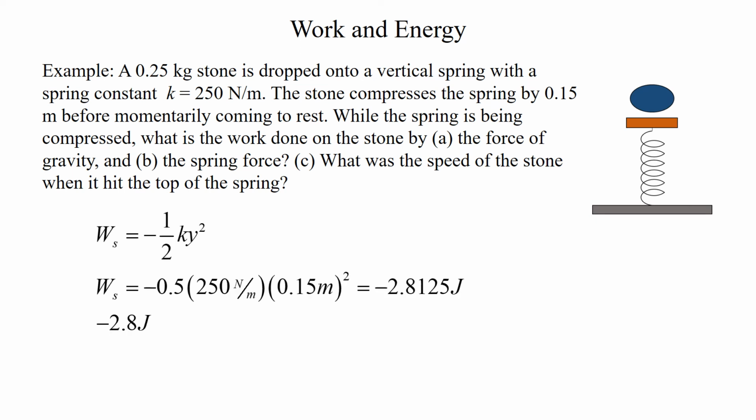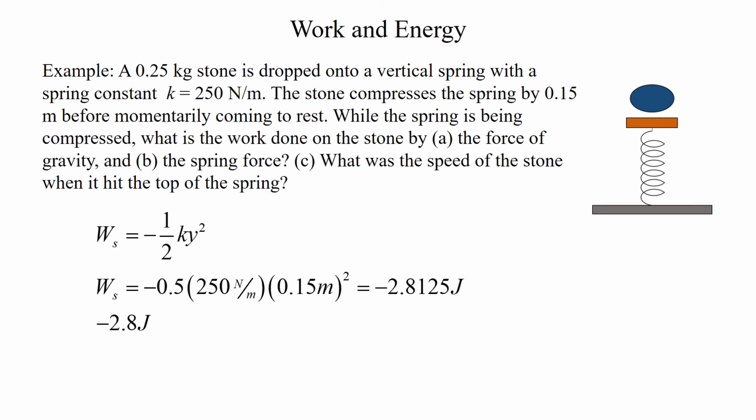Now for part B, we want the work done by the spring, and that, of course, is negative 1/2 k y squared because we're compressing the spring in the vertical direction. And so I have a negative 0.5 for the 1/2, 250 newtons per meter for k, and then 0.15 meters for the y, and we have to square that.